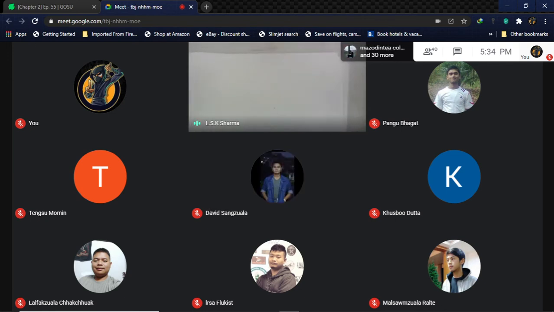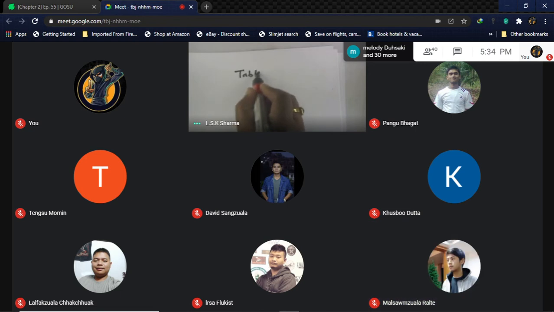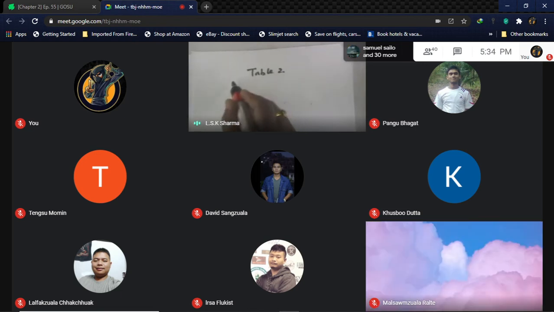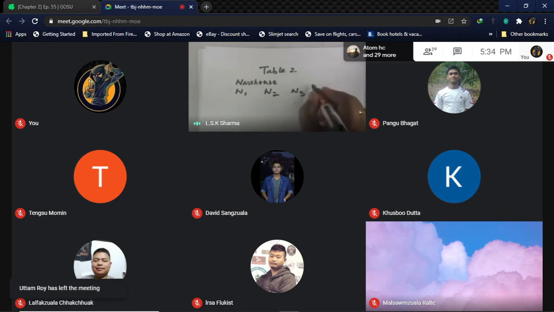Okay, so let me show another table out here. I'm going to take up the same problem again, table 2. So I'm going to write again the same thing: warehouse W1, W2, W3, and here is supply, which is Si.